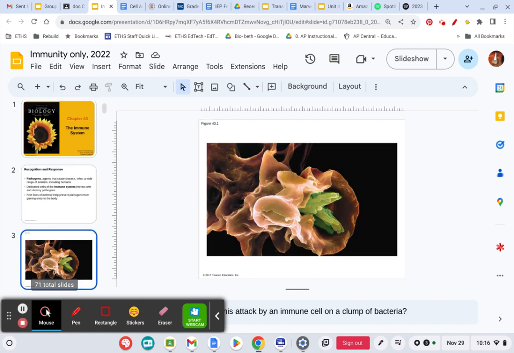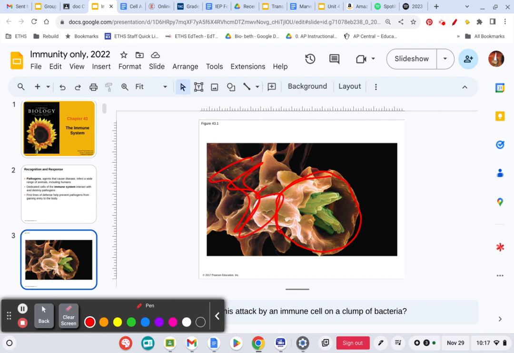This next picture I just leave in here because I think it's cool. The thing in white is what we call a macrophage. All of this here is macrophage, and you can see it's gobbling up some pathogen.